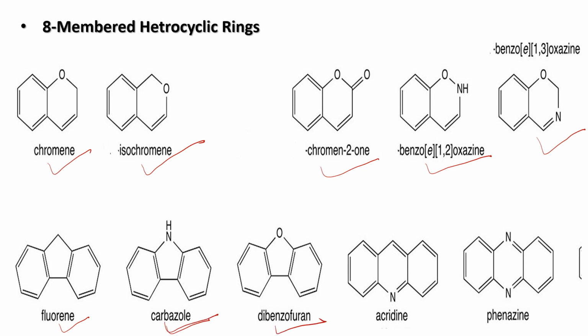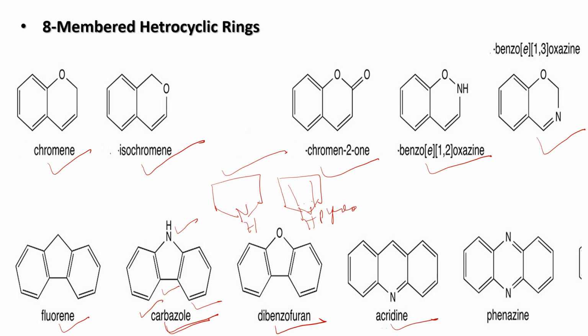Carbazole: this is benzene fused with pyrrolidine. You can see this is not pyrrole, this is pyrrolidine. Pyrrolidine means, as I told, without double bond, and pyrrole has a double bond. This is pyrrole, this is pyrrolidine. Pyrrolidine fused with two benzenes.